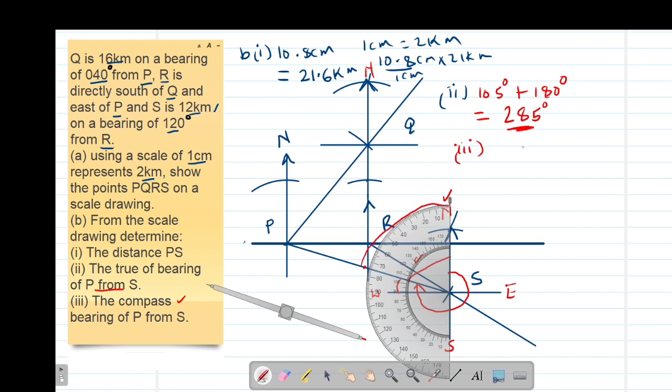I'm getting an angle of 75. Yeah, 75 is an acute angle because it's less than 90 degrees. Then the direction will be north, northwest. So it will be north 75 degrees west. So this is what we are calling the compass bearing of P from the point S.